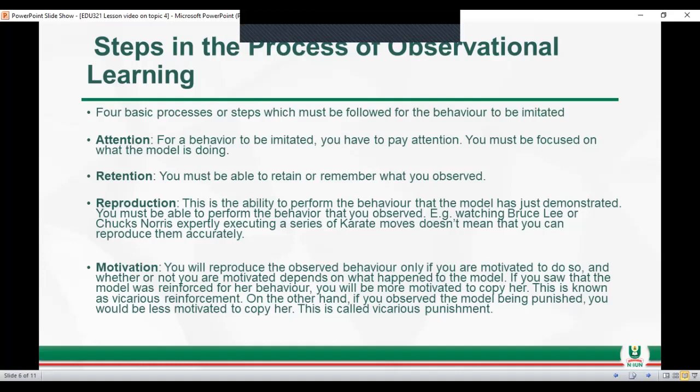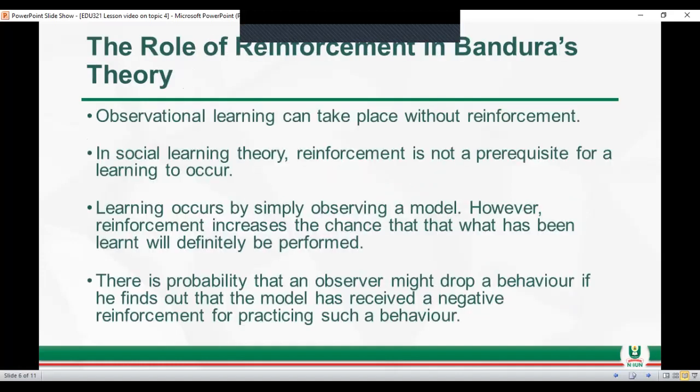Again, whether or not you are motivated depends on what happened to that model. We are using model here in the sense of that person displaying the behavior that you want to copy. So these are the 4 steps in the process of observational learning. For learning to be observed and imitated, these are the 4 factors that must be present. Okay, let's move on.